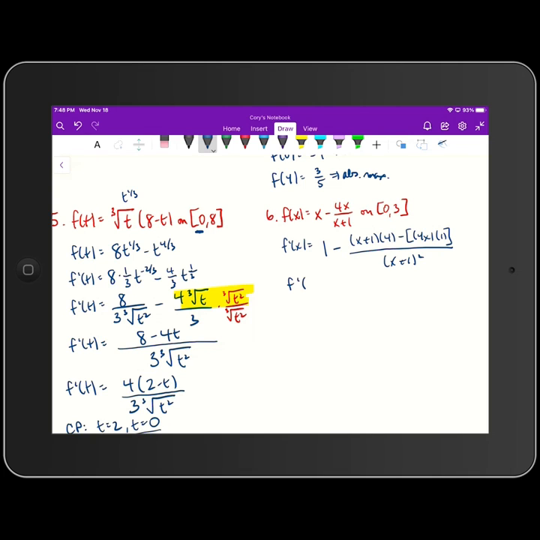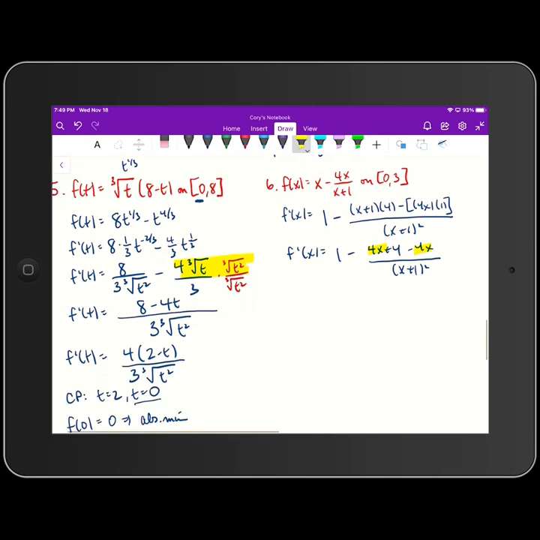Okay, so f prime here is going to be 1 minus, when I distribute 4 across both terms, we get 4x plus 4 minus 4x all over x plus 1 squared. And then the 4x and negative 4x cancel. So that's going to give me f prime equal to 1 minus 4 over x plus 1 squared.